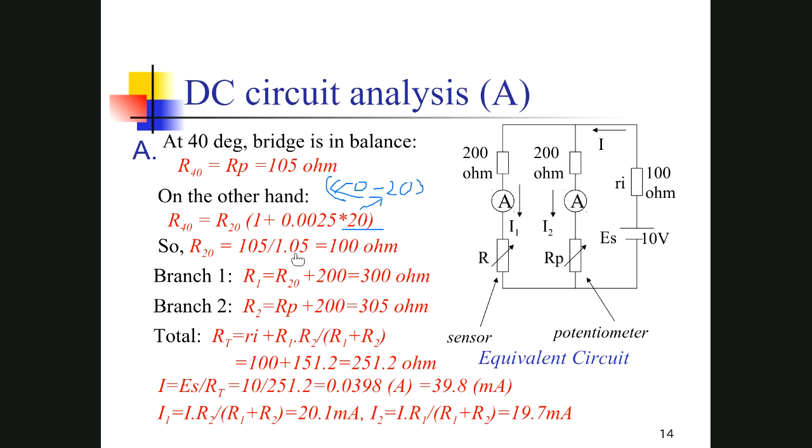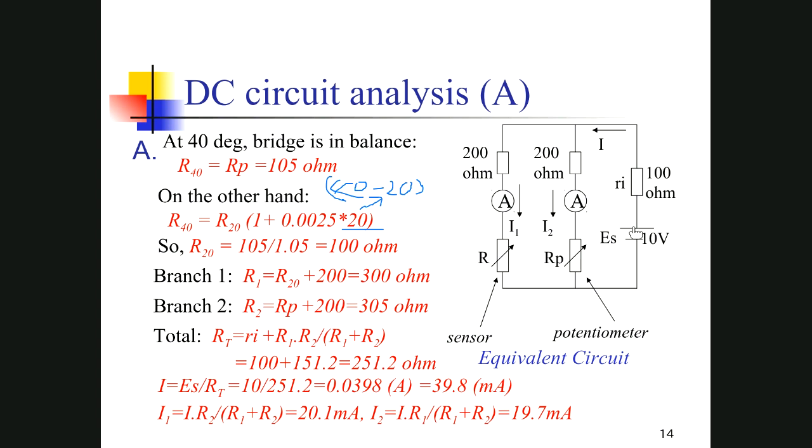Now, when the temperature is back to 20 degrees, for branch 1, it has the 20 degrees resistance, which is 100 ohms, and the fixed 200 ohms. So the total resistance in branch 1 is 300 ohms.